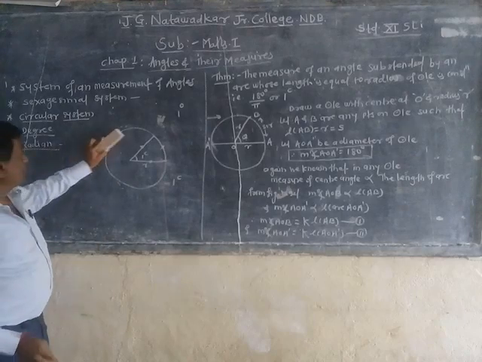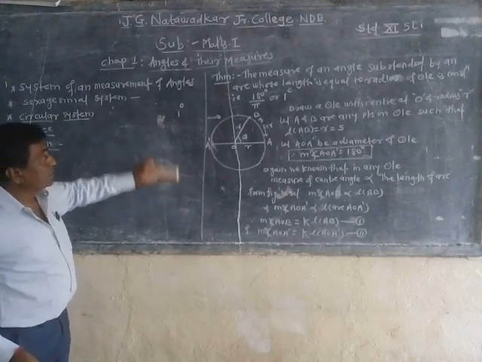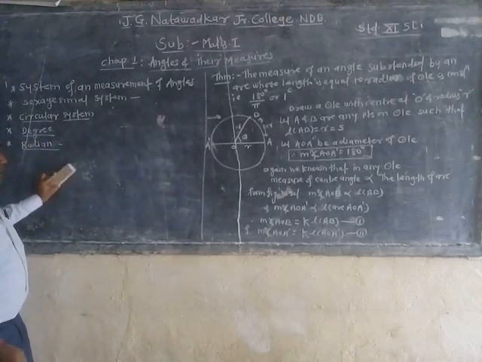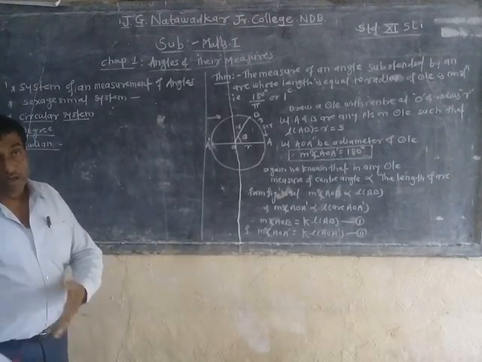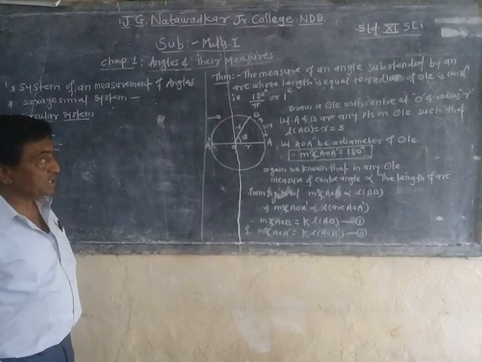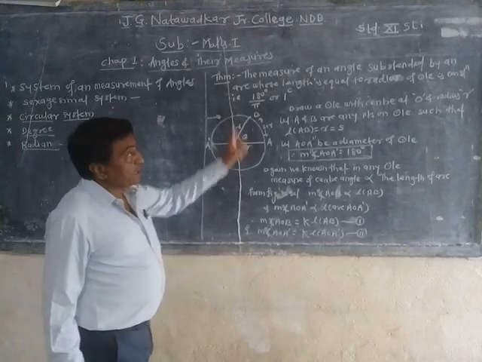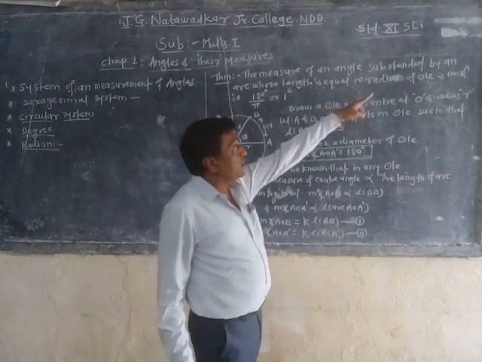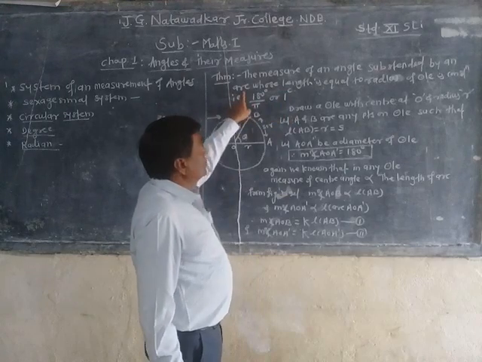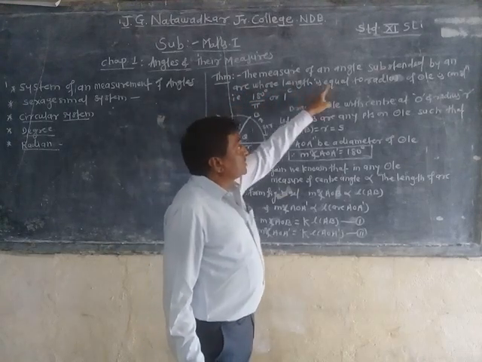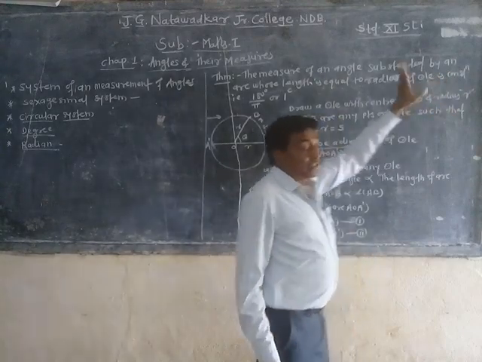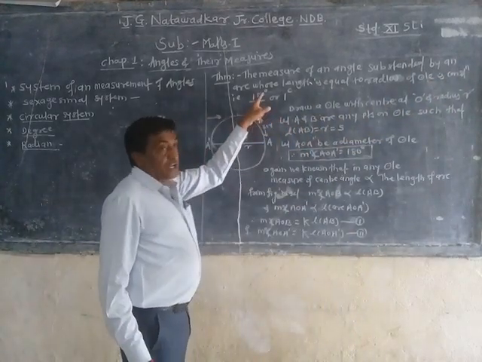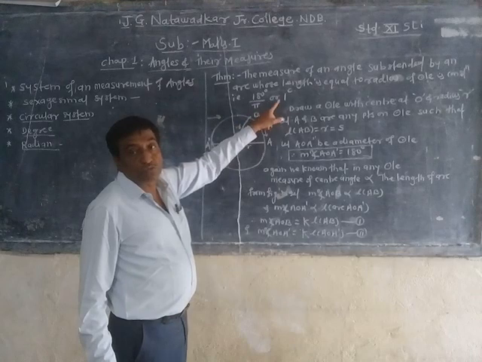After this definition of radian and degree, we see one more theorem related to the definition of the radian. The theorem is that the measure of an angle subtended by an arc whose length is equal to the radius of a circle is always constant, that is, 180 degrees upon pi, otherwise 1 radian.